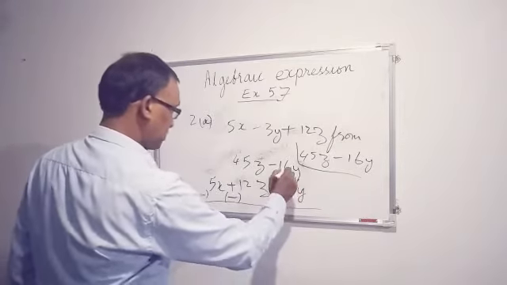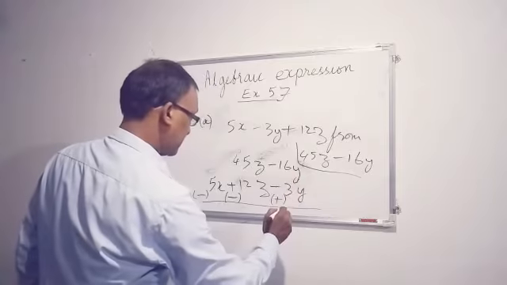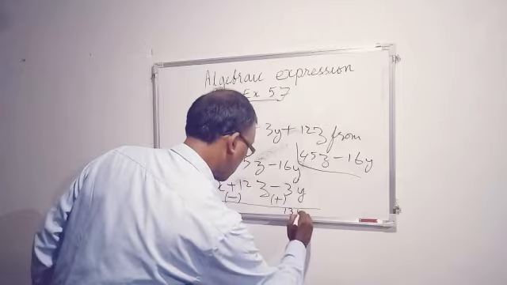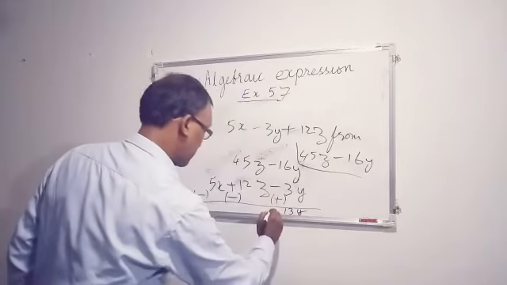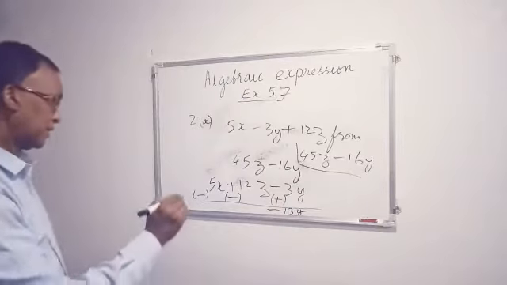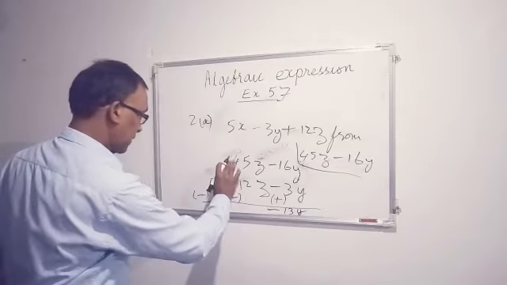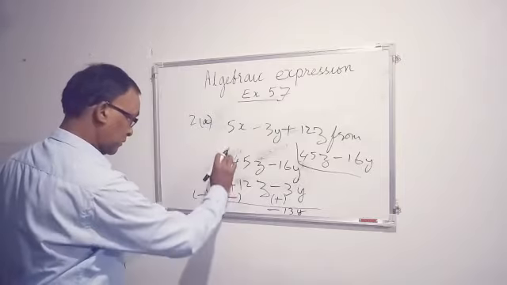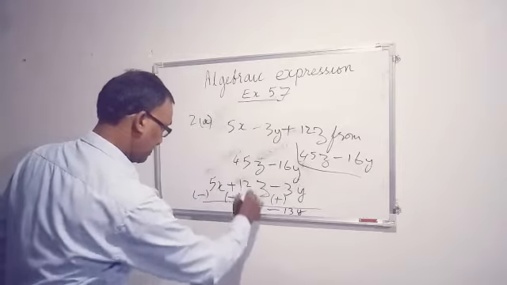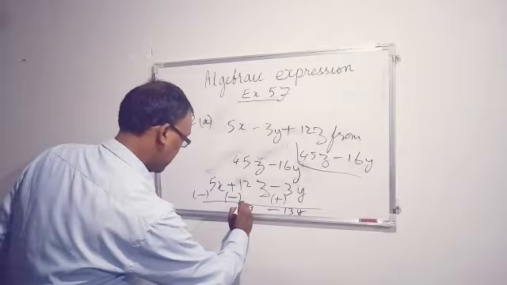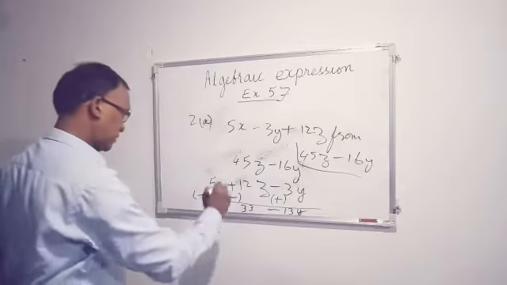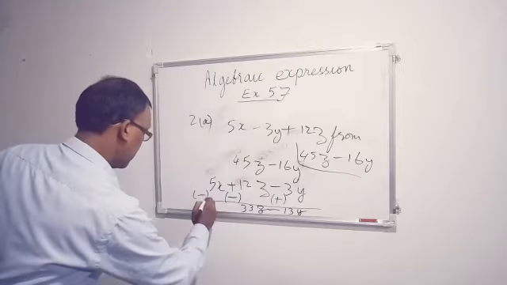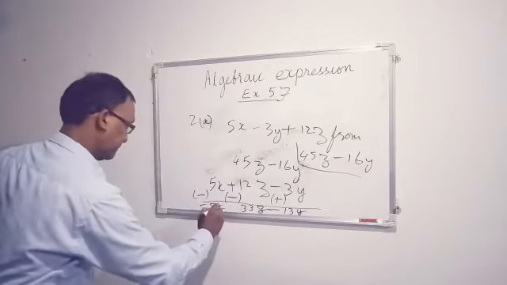If you subtract this one, 16 minus 3 is 13y, clear, and this sign is minus. Similarly, 45 minus 12, because now we have to take minus, 45 minus 12 will be 33z, and here minus 5x.